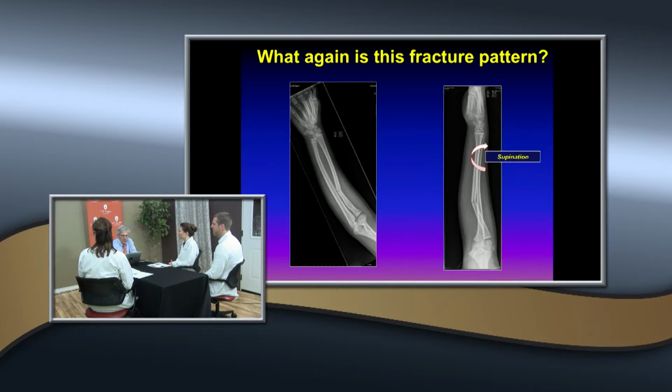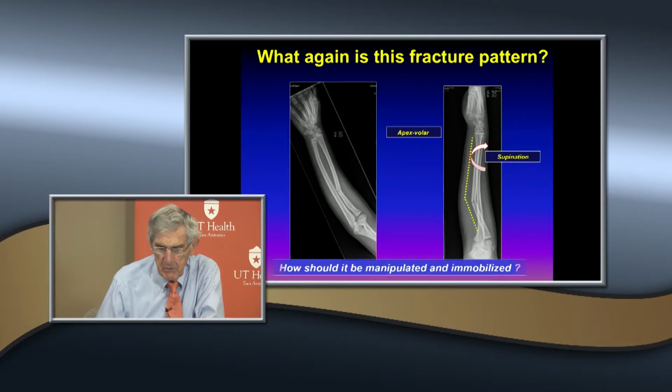So your supination, apex volar, should be manipulated and immobilized. Again, this was treated by an older orthopedic surgeon, and he put him in some supination. Didn't correct that, did they? Actually, probably made it worse. That seemed to be the thing to do because it was already kind of supinated.